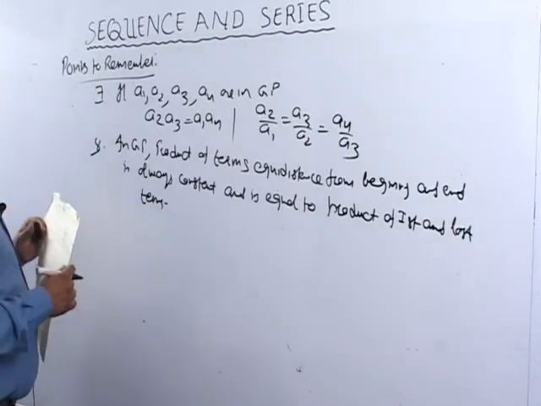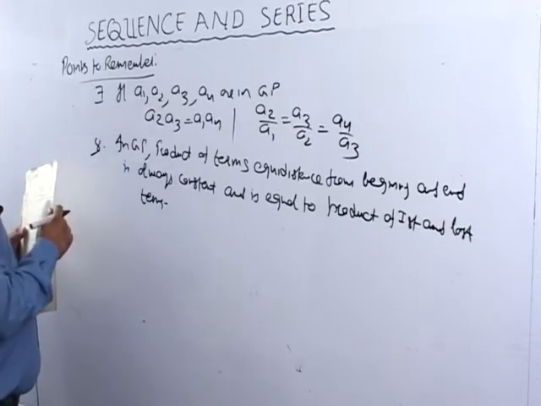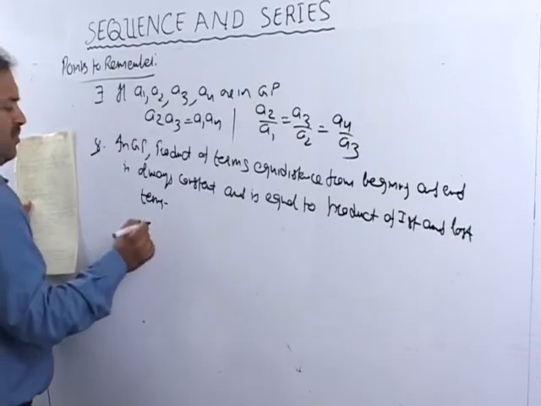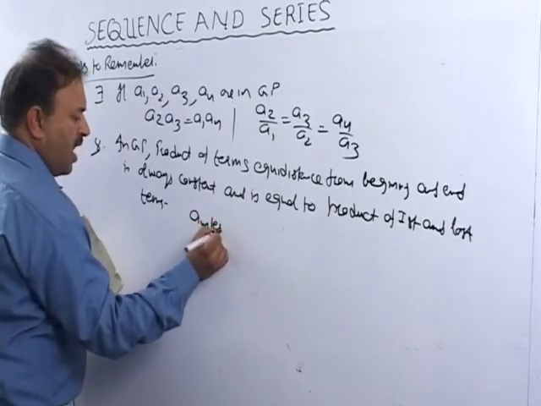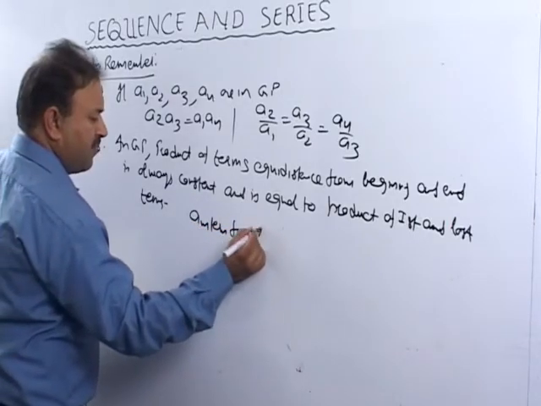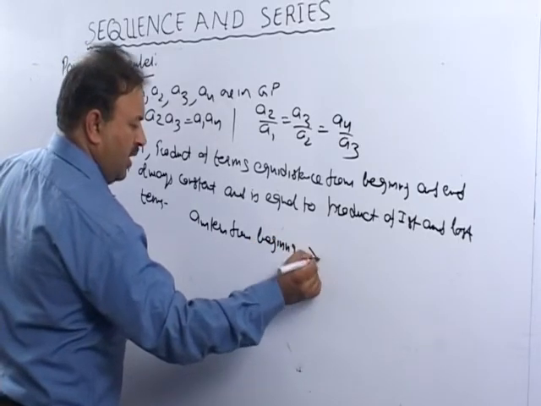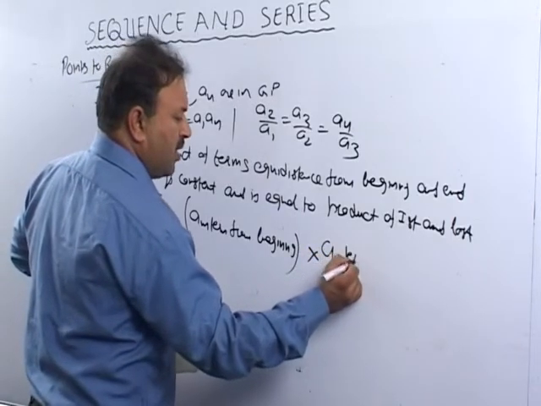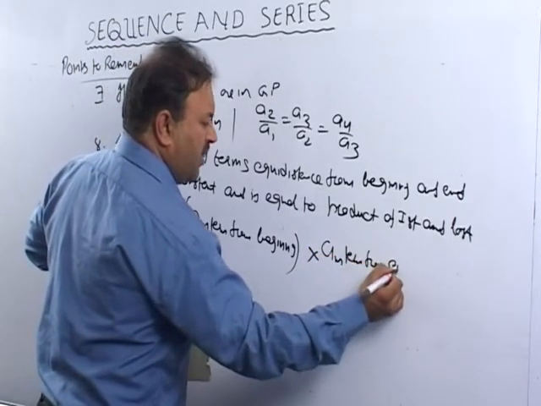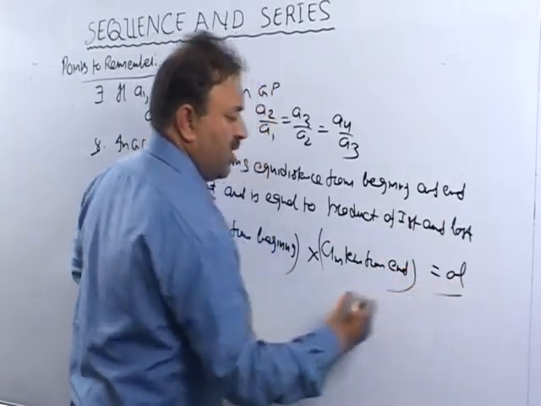For example, the mth term from the beginning into the mth term from the end is equal to A times L.